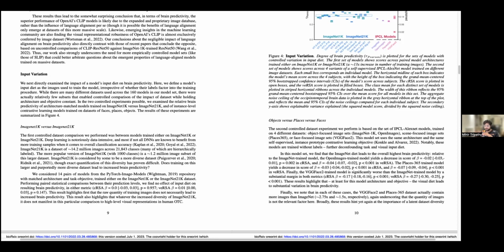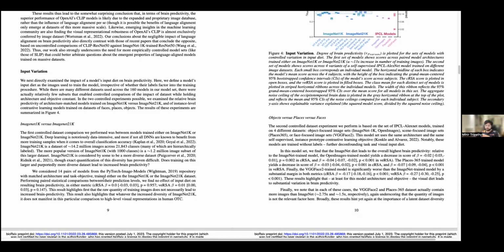So they have very similar scores. Even with more classes and more images, it is not reflected in a better increase in the scores.